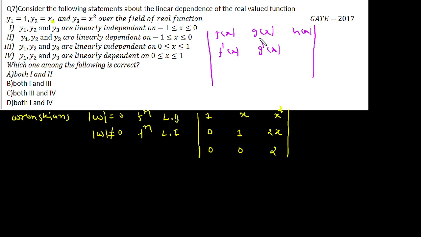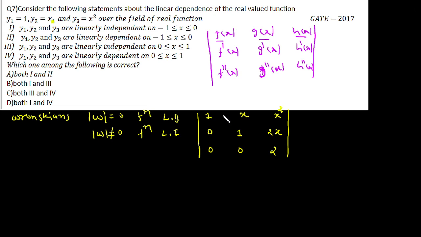We have to write the differentiation of the second function and the third function. Now similarly we do the second differentiation and write it similarly. That's it. We have formed the Wronskian of these three functions, f of x, g of x, and h of x. Now here we have to find the determinant of this matrix.